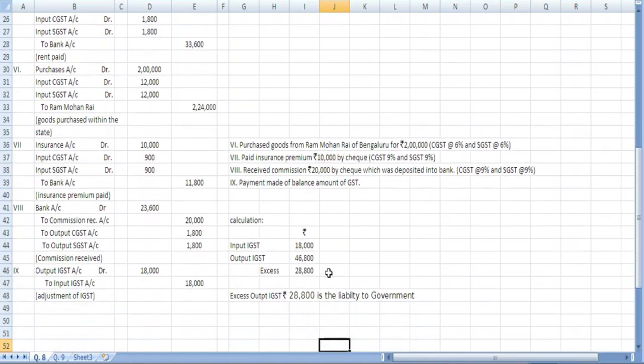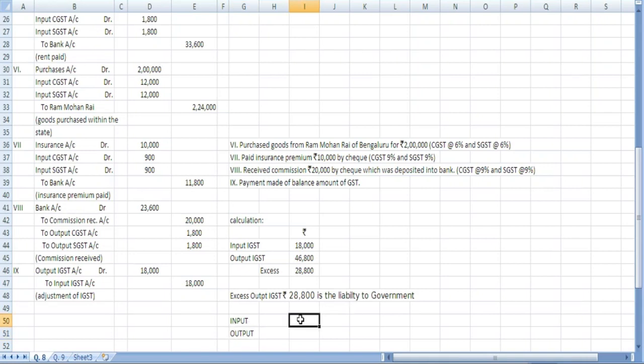We have already settled 18,000, that is output IGST to input IGST. Now next, we are going to find out the CGST and SGST. So I'll write here input and here output.